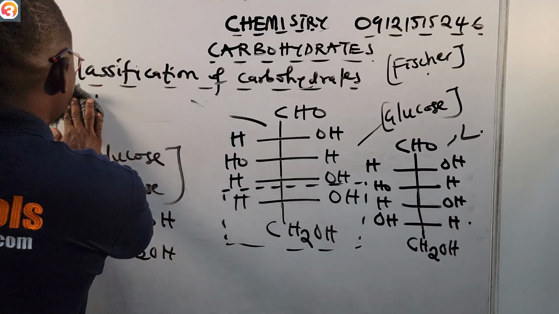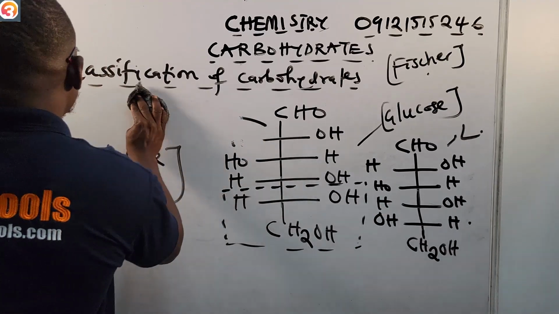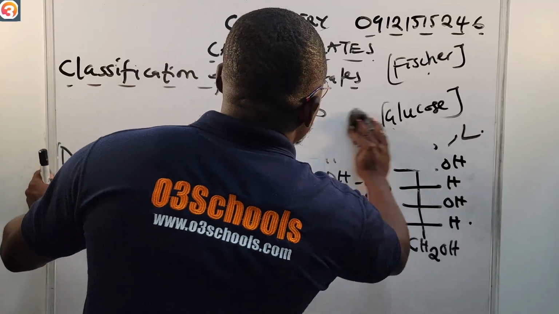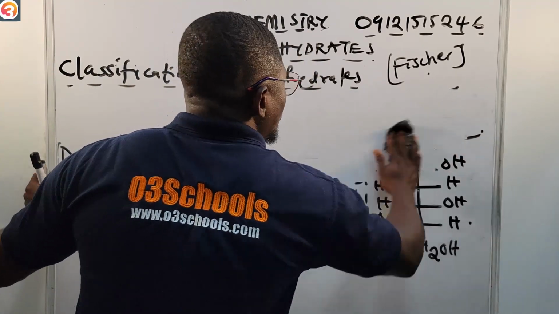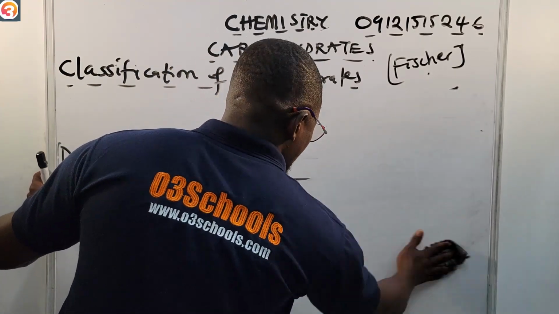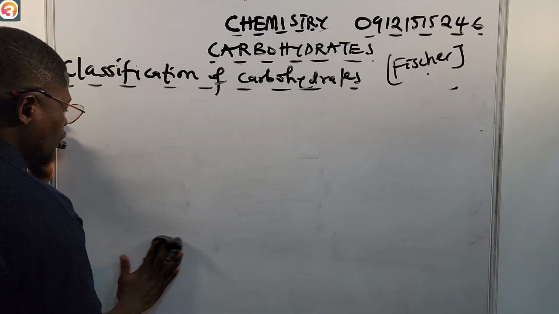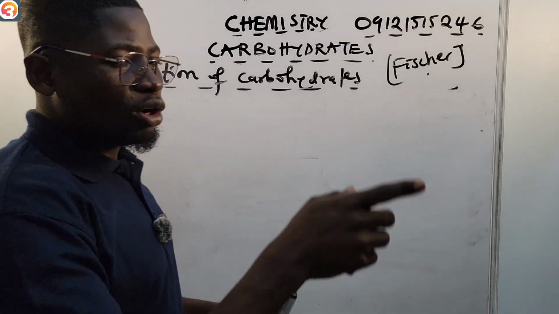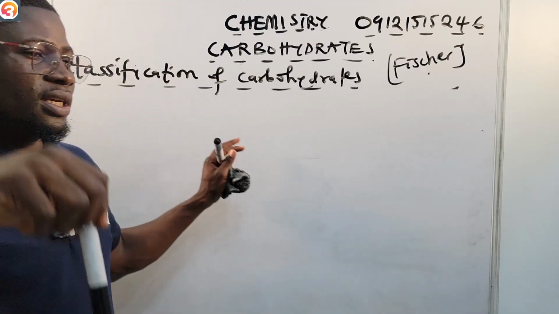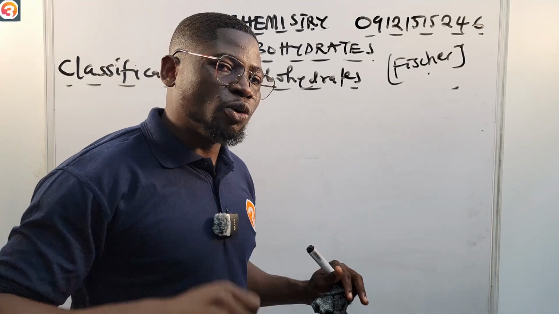Now it's necessary to also note that fructose, on the other hand, has a ketone functional group. Glucose has an aldehyde functional group, while fructose has a ketone functional group.